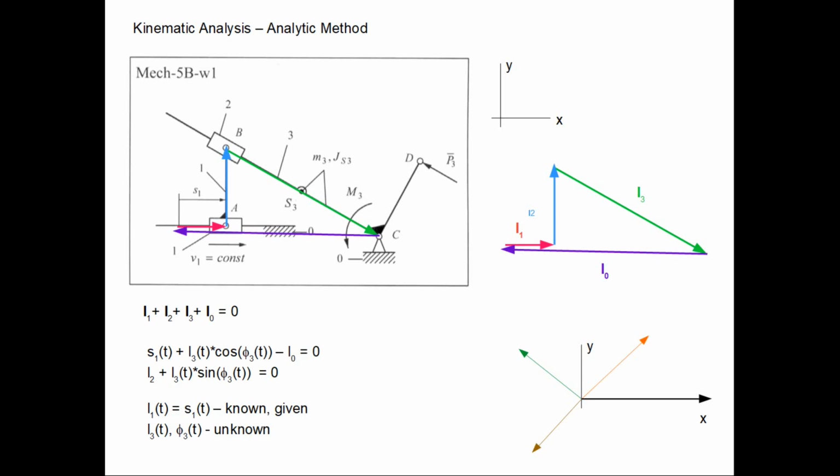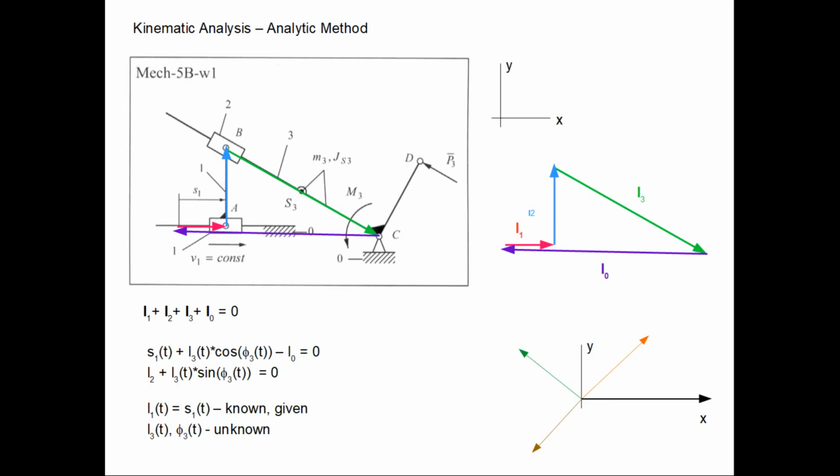L3 is the vector which changes the length, the magnitude, as well as its angle. So there are two variables in this vector. L3 is a function of time, L3 of t, and phi3 of t is the angle, which also changes. And of course the last vector is the vector which is between two fixed points, so this one is fixed.